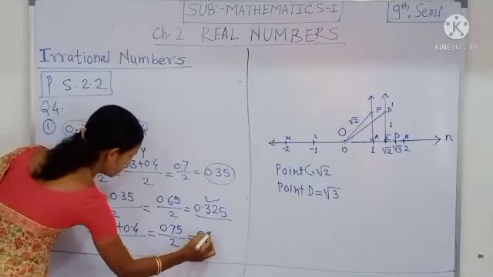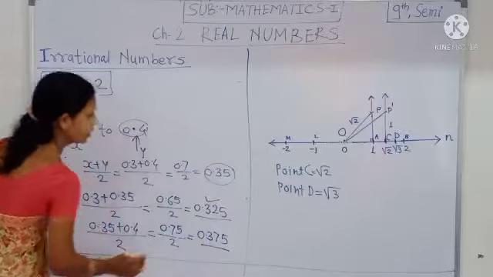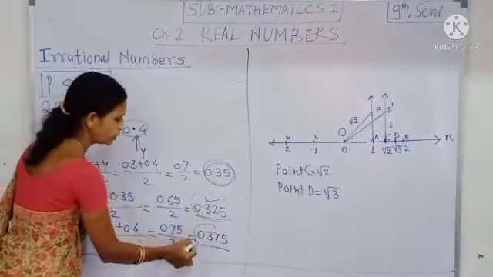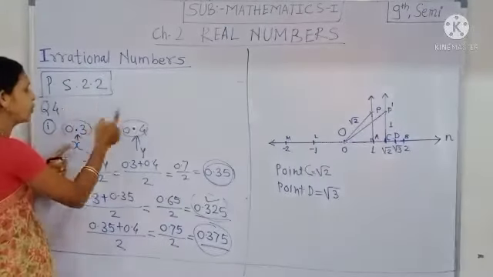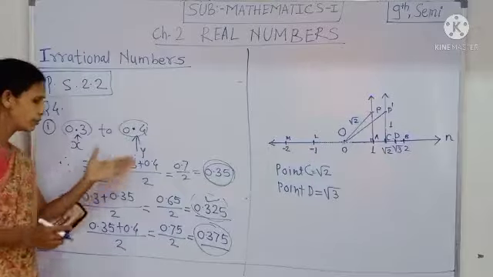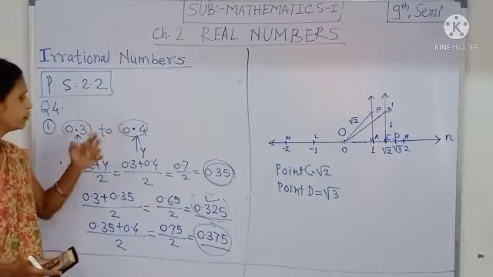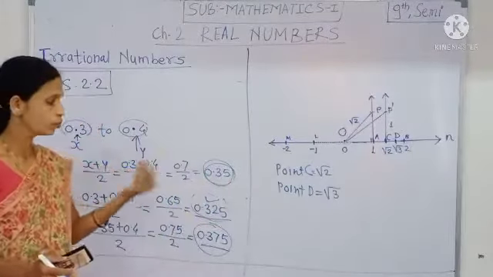Therefore, here 0.375. That means here 0.35, 0.325, 0.375. These are the three rational numbers which lie between 0.3 and 0.4. By getting the rational numbers which lie between the given numbers, that is one more method we can use.